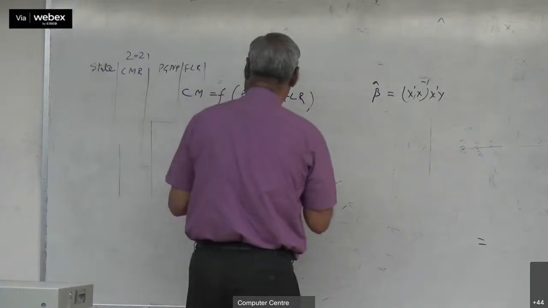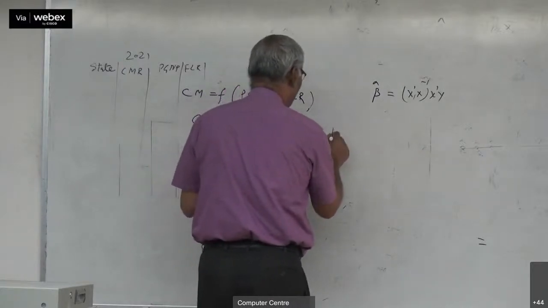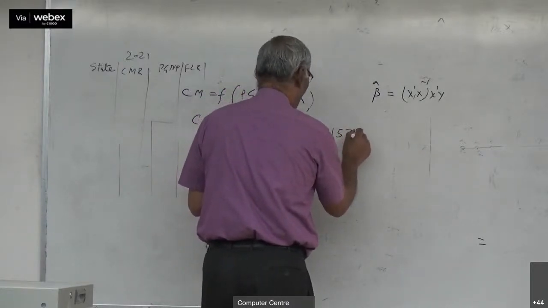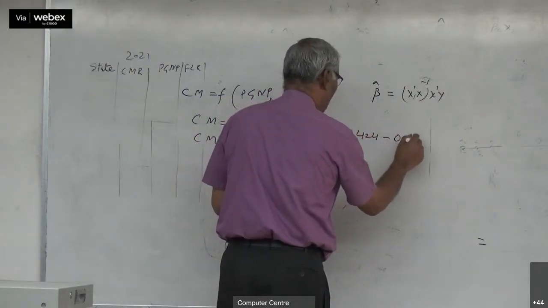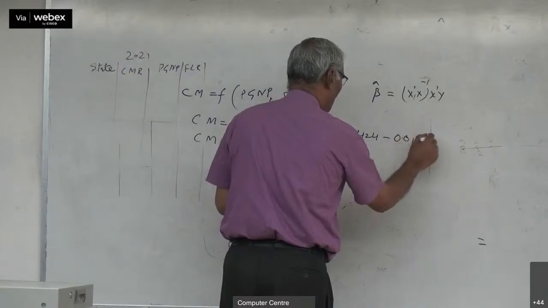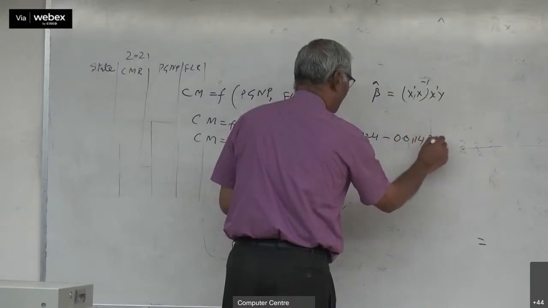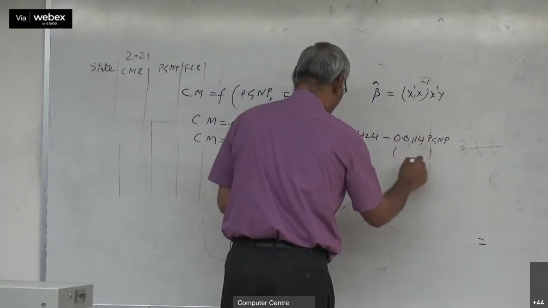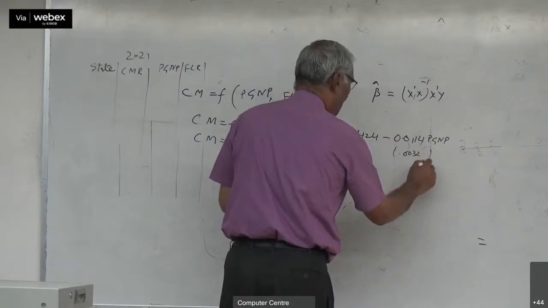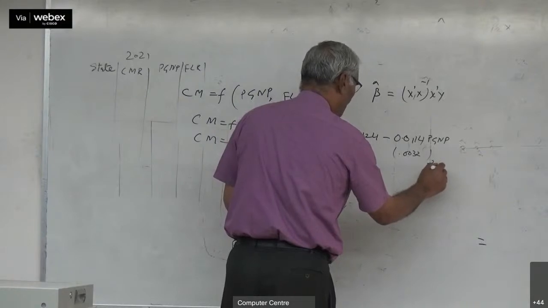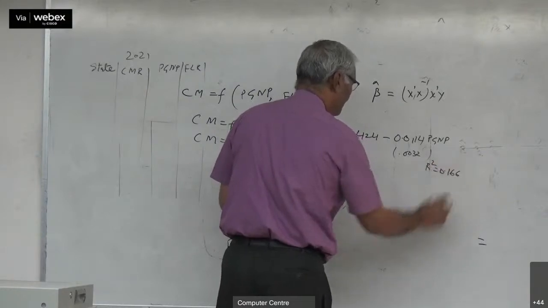Then this is 157.424 minus 0.0114 per capita GNP, and this is the 0.0032, and R square is equal to 0.166.